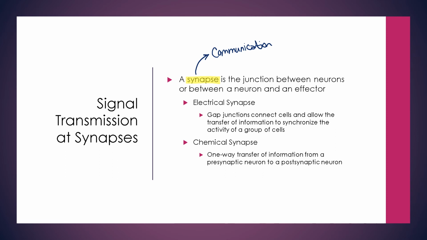So first off, we have to kind of cover a couple different terms. So first off, we're going to talk about the presynaptic neuron. And this refers to a nerve cell that carries a nerve impulse towards the synapse.